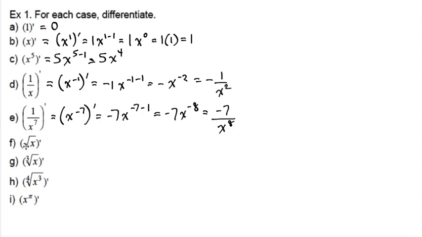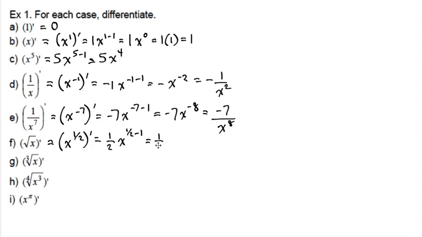When I have radicals, I also know that I could rewrite this as an exponent. So anything that is under the square root has an exponent of 1/2. And I'm going to follow the same power rule as I did for the previous ones. I'm going to take my exponent, multiply it out front of my term, so 1/2 x, and then I'm going to look at my exponent 1/2, and I'm going to subtract 1 from that.